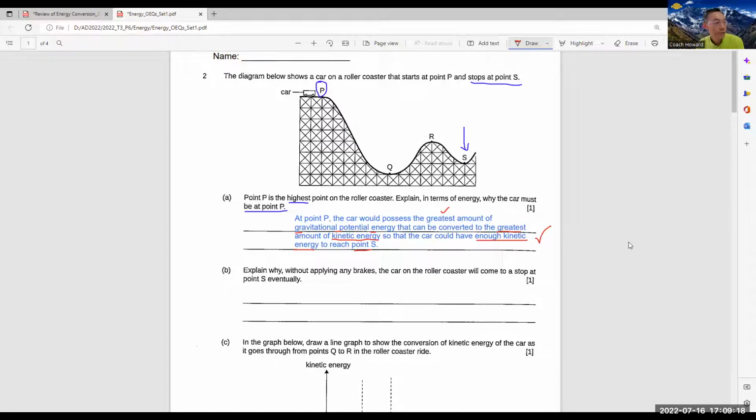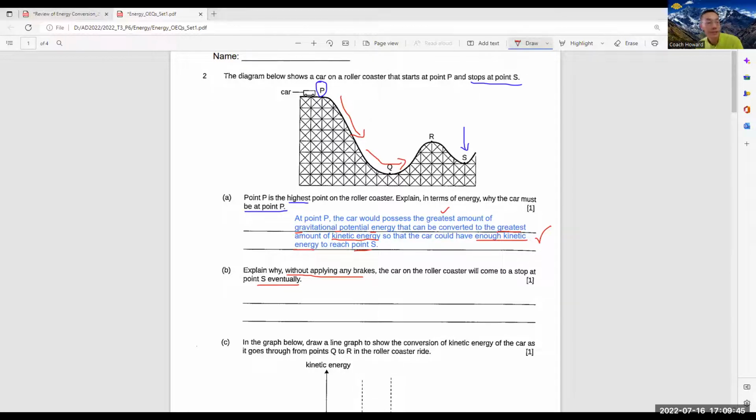Okay, next question. Explain why, without applying any brakes, the car on the roller coaster will come to a stop at point S eventually. So this is energy conversion. You see, as the car rolls down, right? What is in contact with the wheels? The track, right? So the track will produce what? Friction, right? So this will help you answer the question.